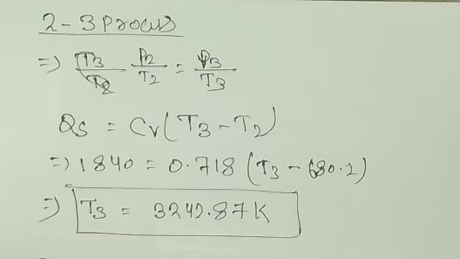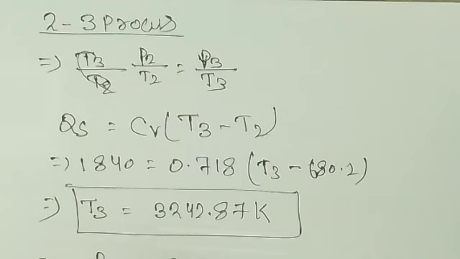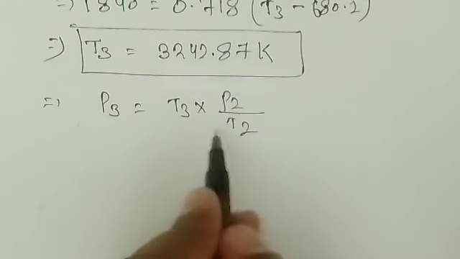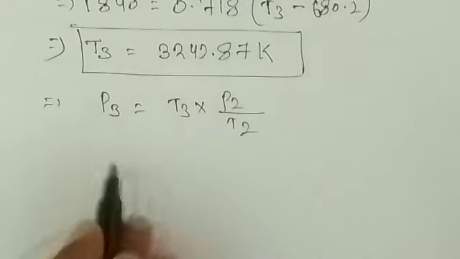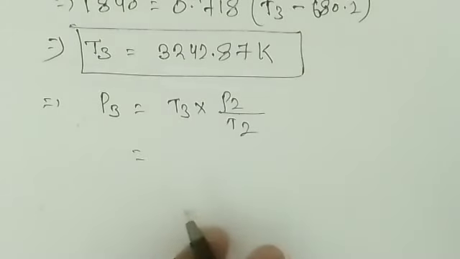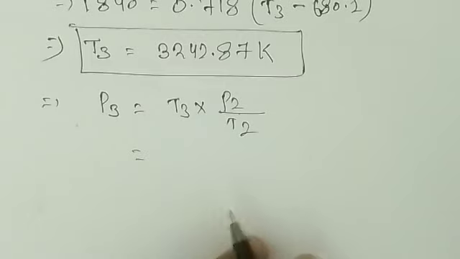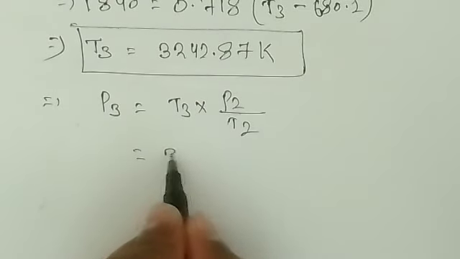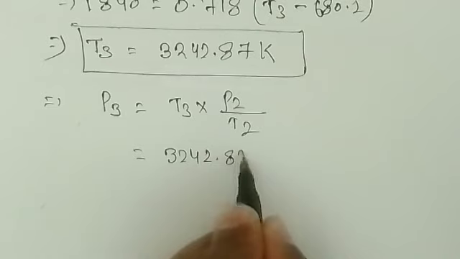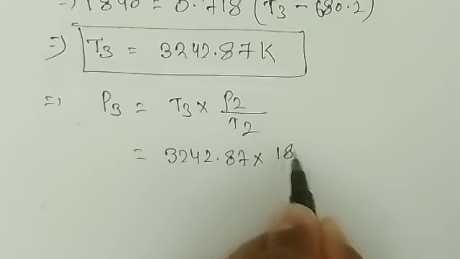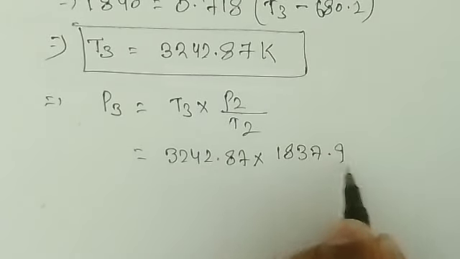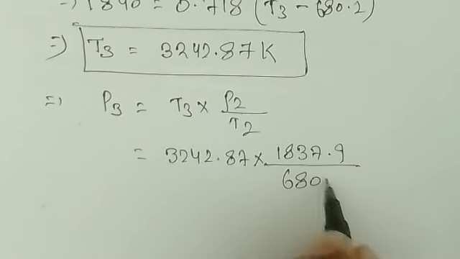Now from this relation, P3 we need to find. So P3 is equal to T3 times P2 by T2. P2 you calculated, which is 1837.9. So we can substitute T3 is 3242.87 into 1837.9 by T2 is 680.2.